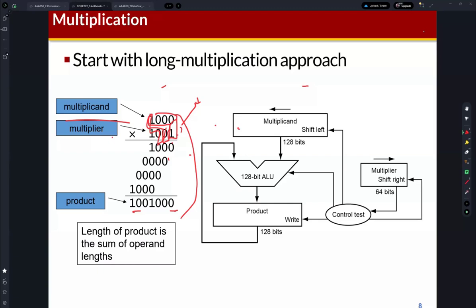You can generate these partial products in parallel, and then accumulate all the partial products. So we can implement a fast multiplier using this approach.